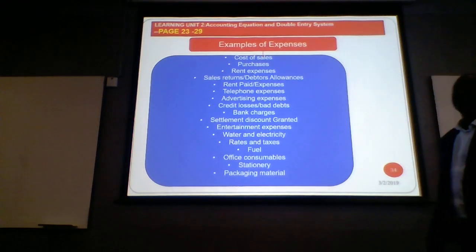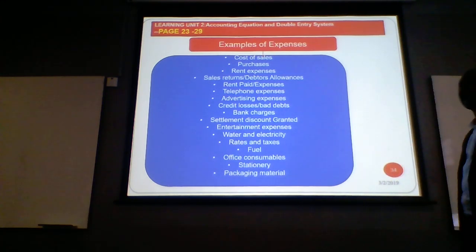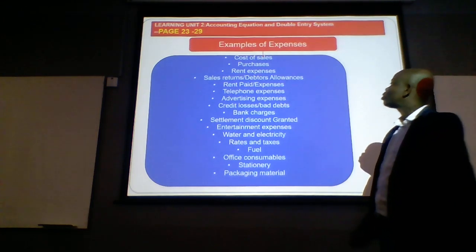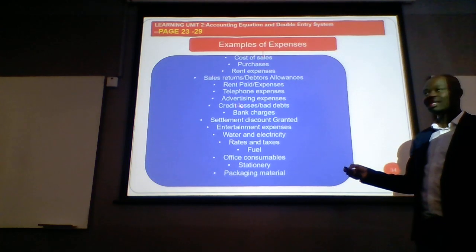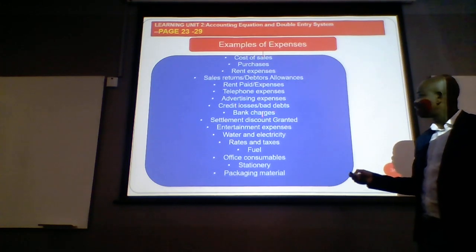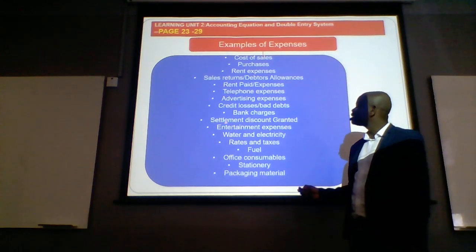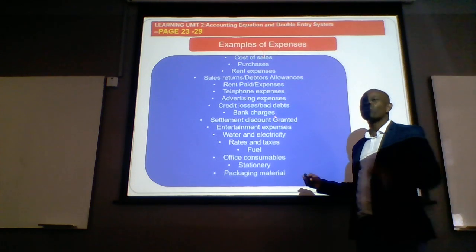And these are just examples. As you can see, there are a little bit many. The cost of sales, the purchases, rent expenses, sales returns, telephone expense, advertising. Can you see here? I said credit losses are the same as bad debt. Then bank charges, settlement discount granted. You will see from now on the settlement discount granted will be absorbed by sales when we record.